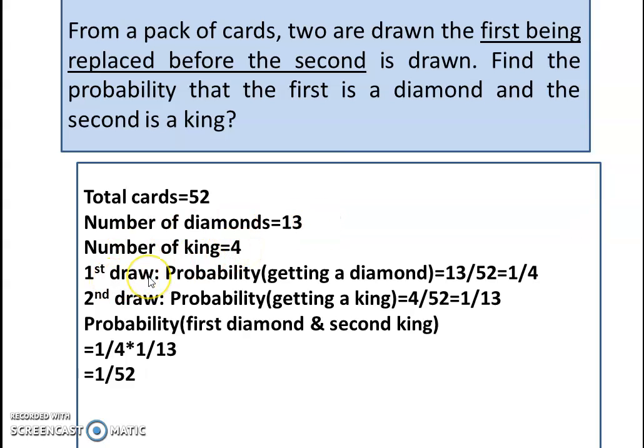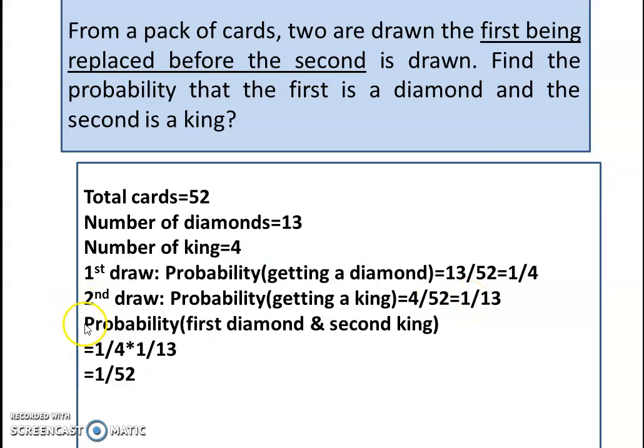So in the first draw, we need to find the probability that it is a diamond. So total cards 52 and number of diamonds 13. So the probability will be 13 upon 52 and that is equal to 1 upon 4. Now in the second draw, we are taking another card and the probability that it will be a king will be 4 upon 52 and it is equal to 1 upon 13.